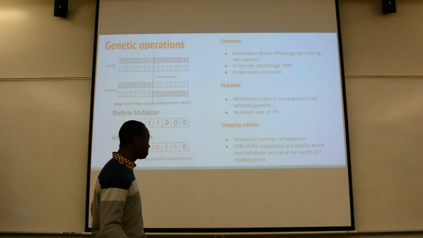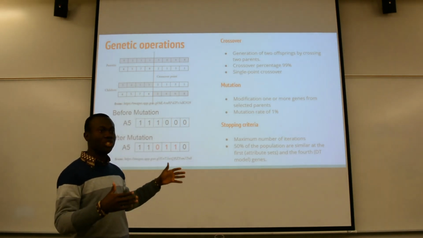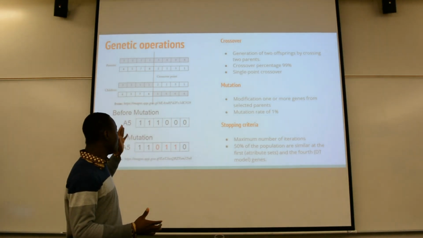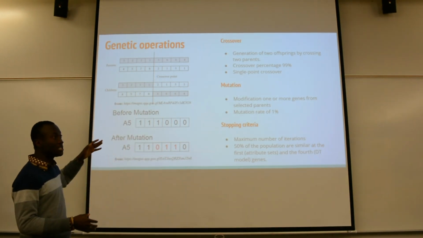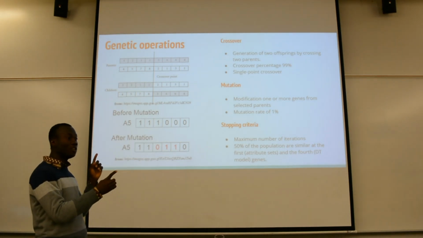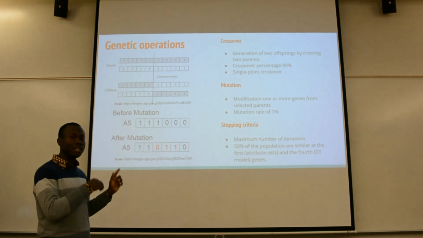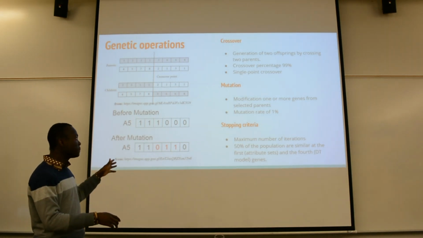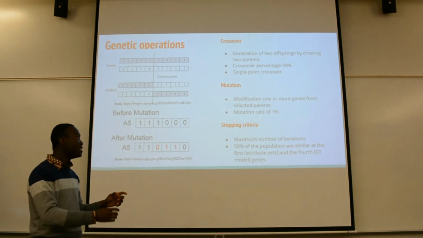The crossover in GA for DT design used in this paper is a single point crossover, basically defining a single crossover point and shifting the chromosomes in order to produce an offspring population, taking the left and the right of two different parents, combining them. The mutation here is basically modifying one or more genes from a selected parent.